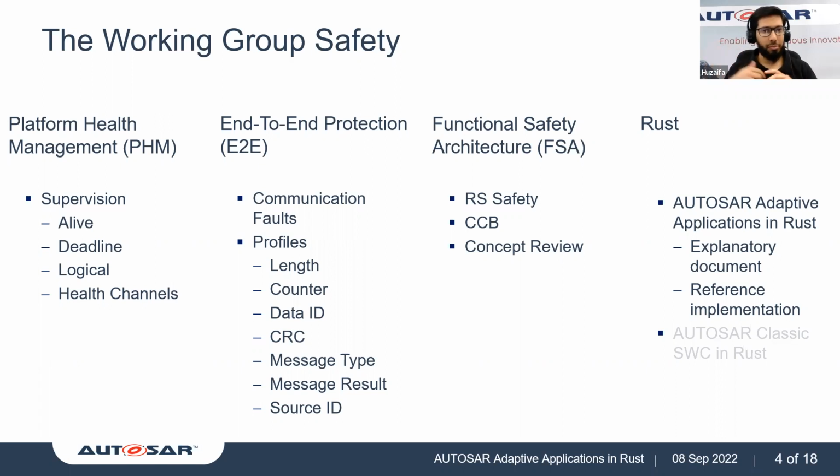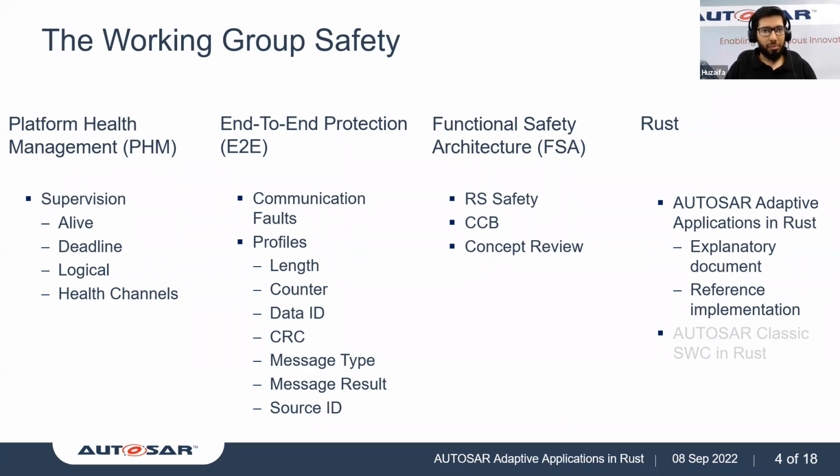So we have some recommendations there. Currently, it is on adaptive AUTOSAR. It would hopefully also be extended to classic AUTOSAR, though there are also some existing mechanisms for classic AUTOSAR.